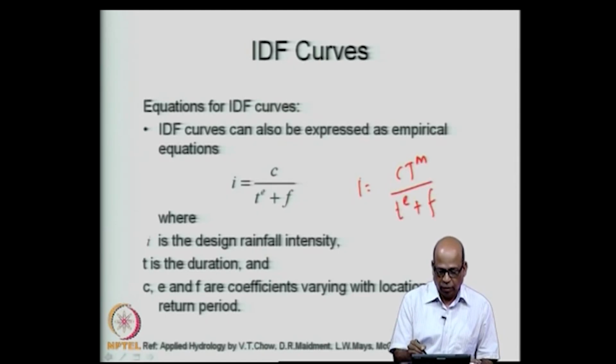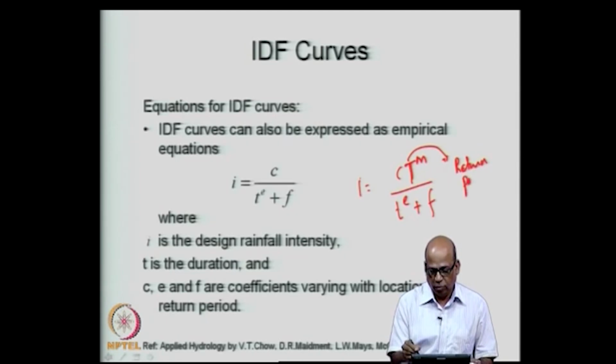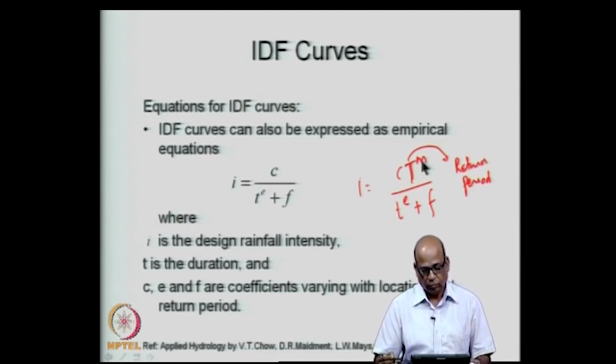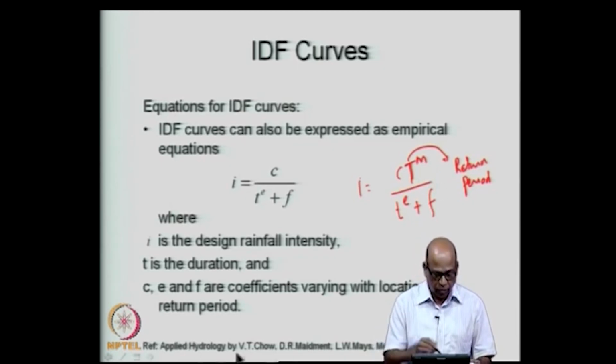So, you may bring in the return period explicitly here, rather than making E, F and C functions of return period. Such forms are also available, in which case you are introducing another constant, which is m. This is also available in the reference that I have given here.